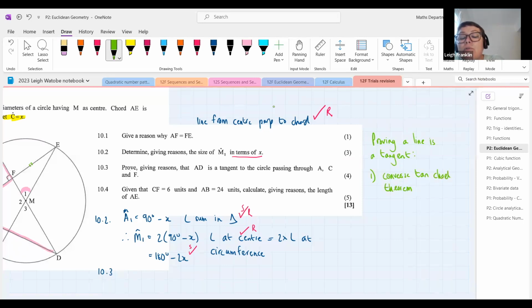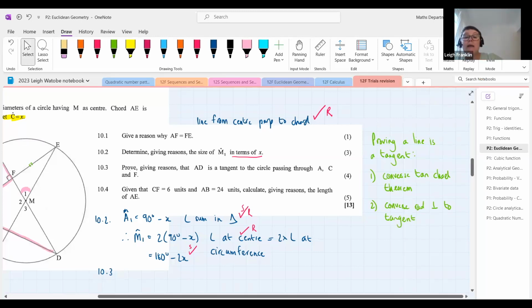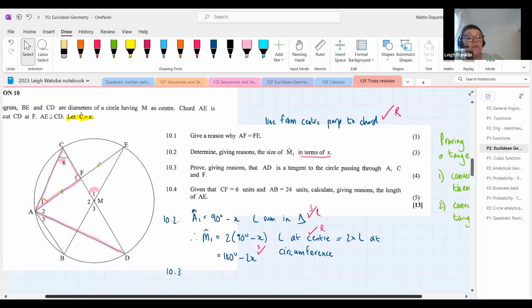And well done to those of you that knew that. The other one, well done, Amahle, is converse radius perpendicular to tangent. Okay, so if we consider the one and it doesn't work, we can consider the other one.